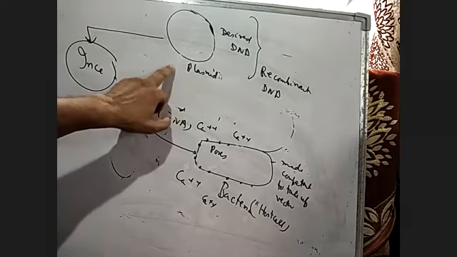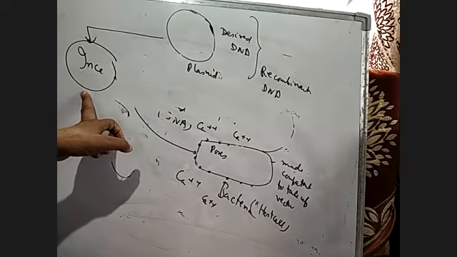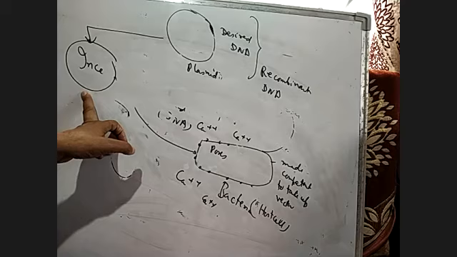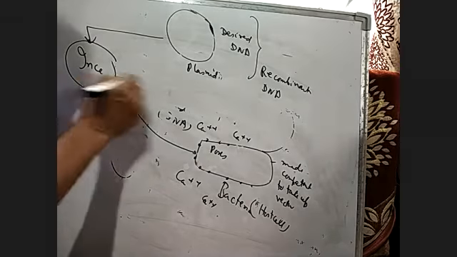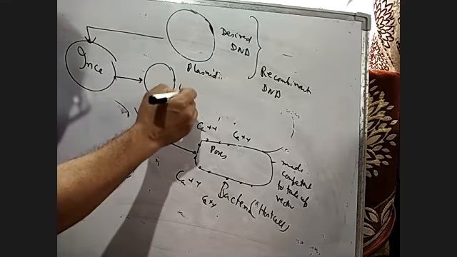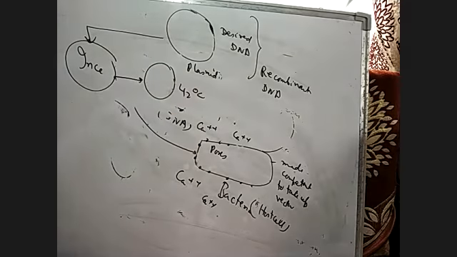We take the plasmid vector on ice, and after that we heat it at 42 degrees centigrade for some time.